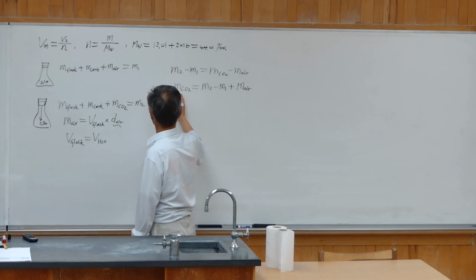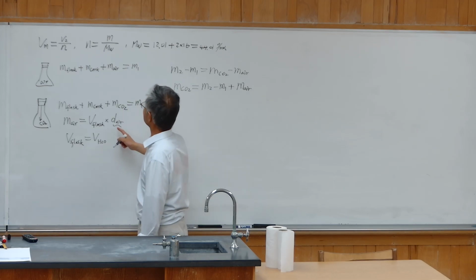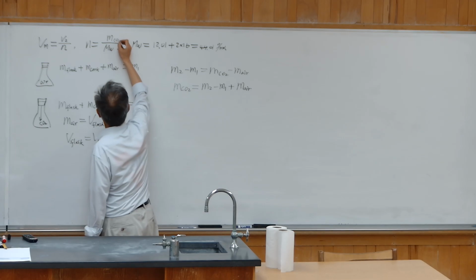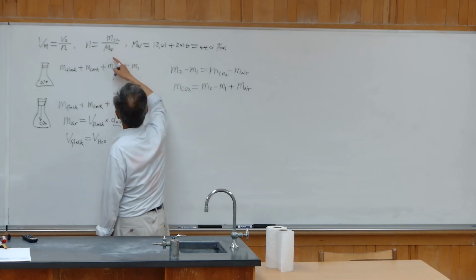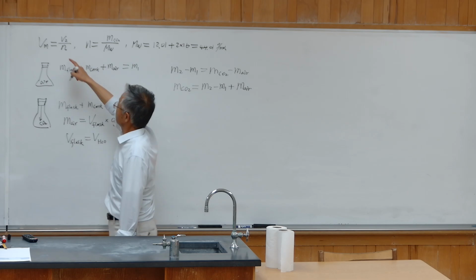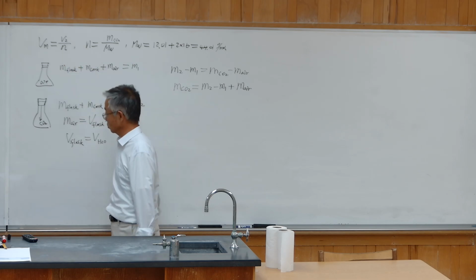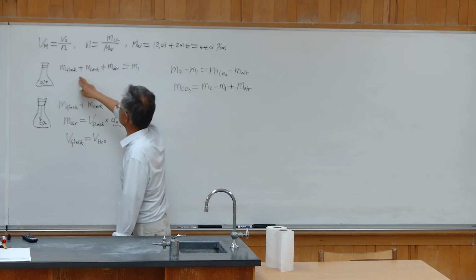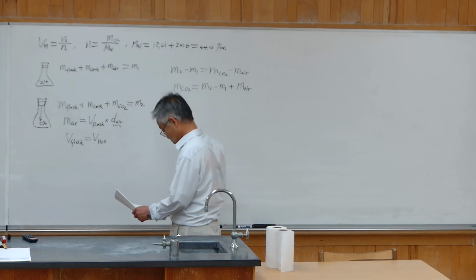So this way you find the mass of carbon dioxide. The mass of carbon dioxide divided by molar mass of carbon dioxide, you get moles. Then volume V2, you calculate from here, divided by moles, you get the molar volume of carbon dioxide.